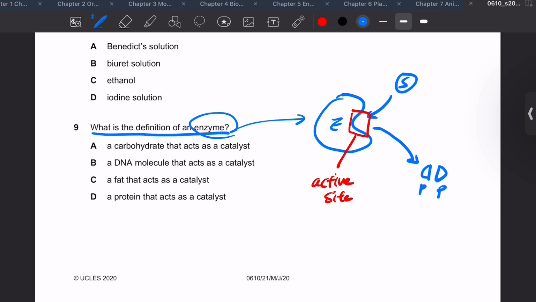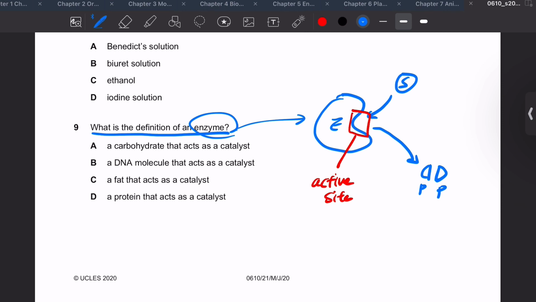So it's a protein first of all, and what it does is it increases the rate of reaction. Without the enzyme, the reaction will occur very, very slowly. So without the enzyme, we can't actually live. There are many enzymes within us that help chemical reactions to occur very fast so we can function.